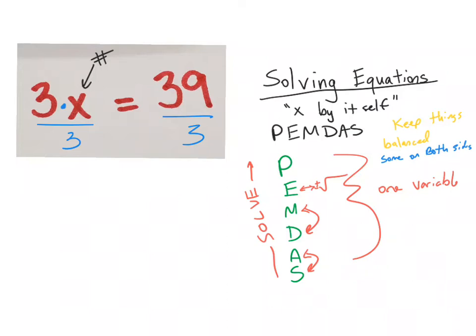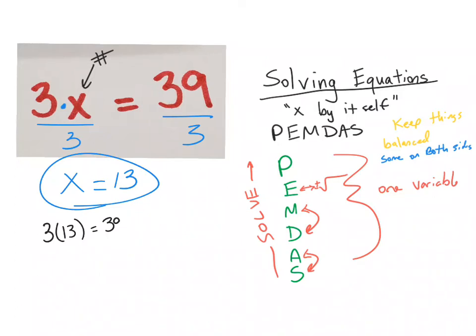So 1, because then I have x left. 39 divided by 3 is 13. So that's my answer. Now, anytime you have an equation, you can always check your work. So 3 times 13, this is me just plugging it back in. Does this equal 39? It does. So that's how you check your work.